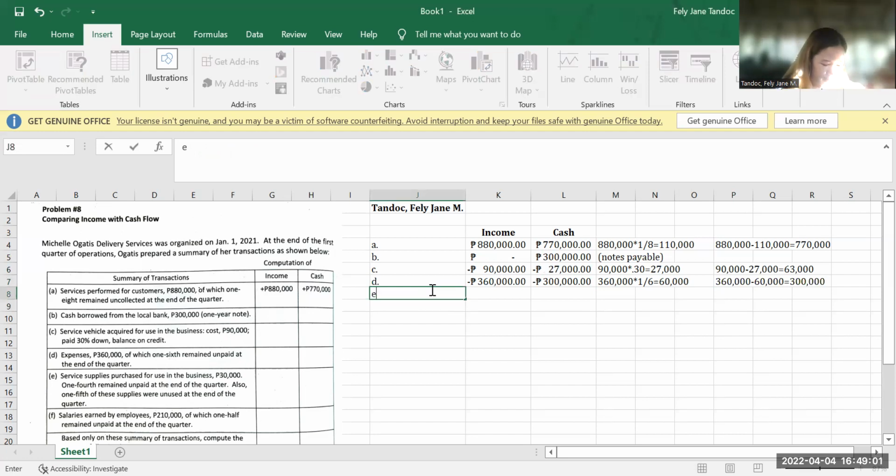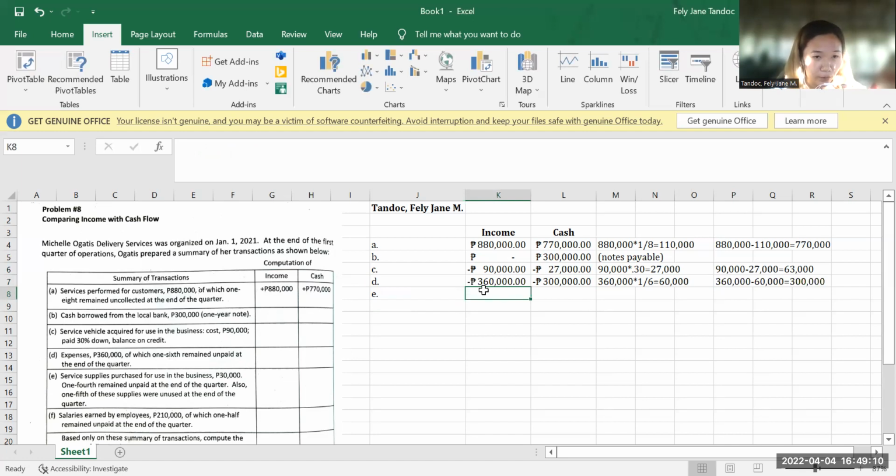Next, for letter E, service supplies purchased for use in the business, 30,000. 1/4 remain unpaid at the end of the quarter. Also, 1/5 of these supplies were unused at the end of the quarter.